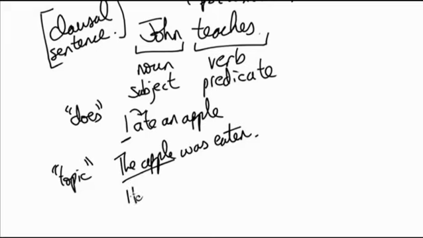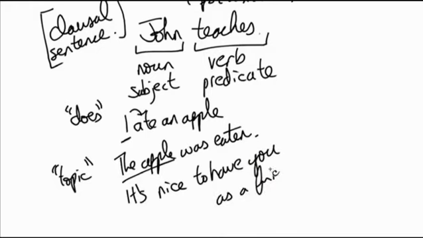It's nice to have you as a friend. Well, already this isn't quite as simple as it could be, but let's just take a look at how this subject works. It's nice. Well, what's nice? It's nice to have you as a friend. But what is it?